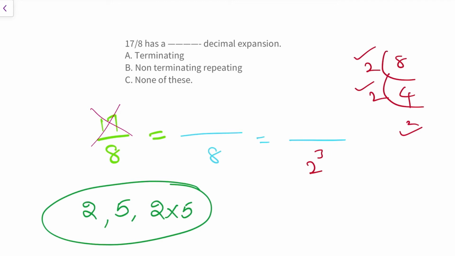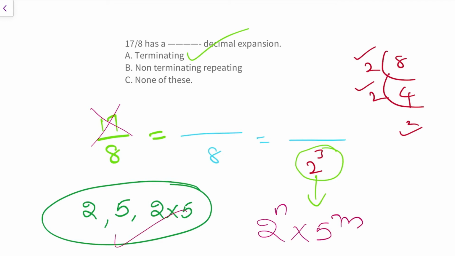We need not worry about the power, whatever it may be. Here the denominator is 2 power 3, so the base is 2, and I can conclude that it will definitely be terminating. In mathematical terms, we say the denominator is of the form 2 power n into 5 power m.